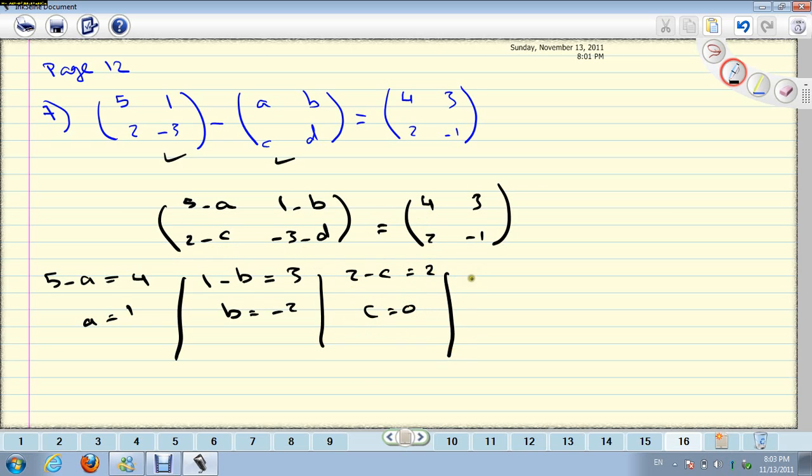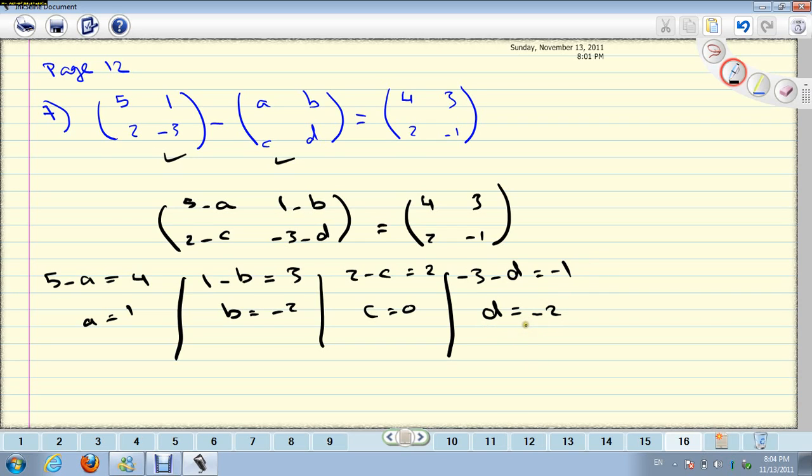And finally, negative 3 minus D equals negative 1, which means that D equals negative 2. Okay, this is page 12, exercise 7.